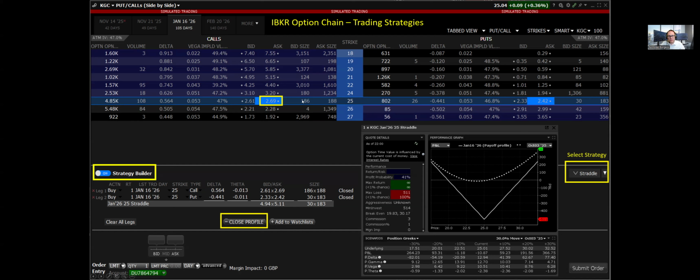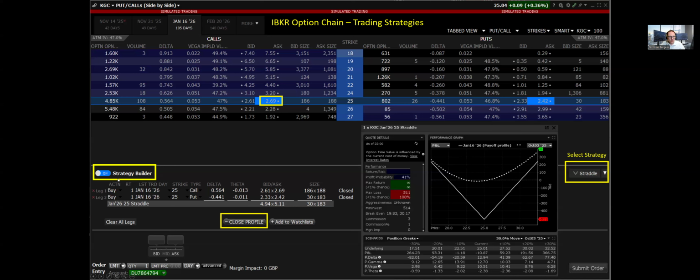You pull up your option chain for the underlying of your choice. In this case, we picked KGC, a gold mining corporation, and gold prices are currently in a huge rally. Here we decided we want to potentially trade a straddle.